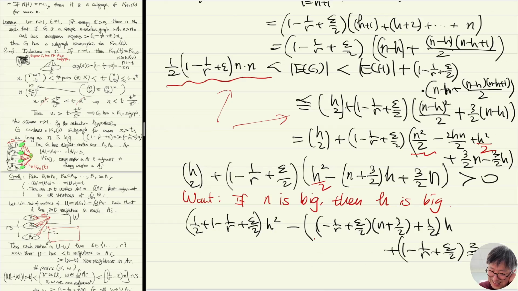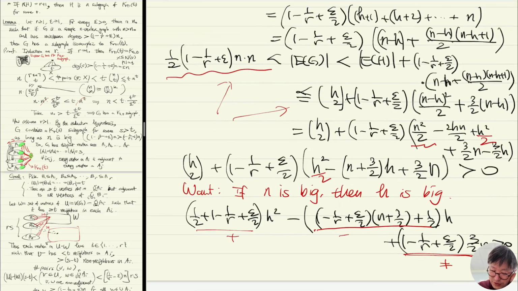But anyway, this is a coefficient which is positive, this is positive, and this is negative. So if we draw this graph, when h is 0, it's somewhere here, and then it looks like this as a function of h.